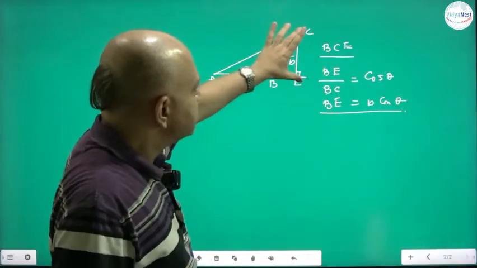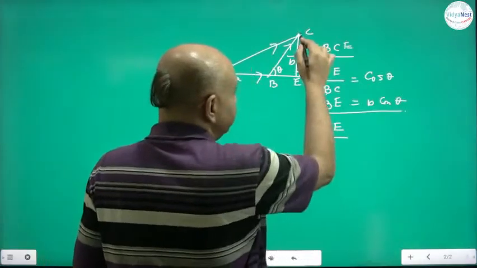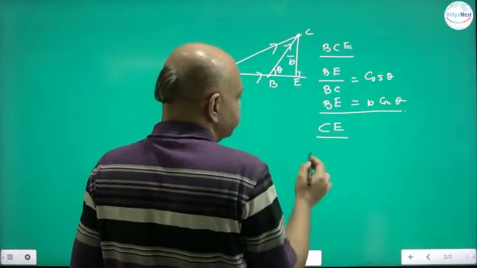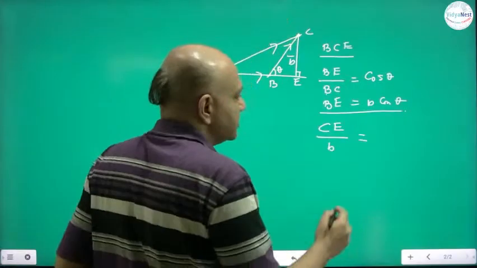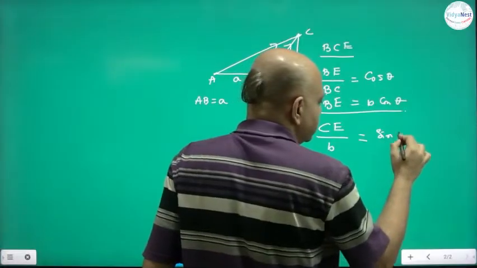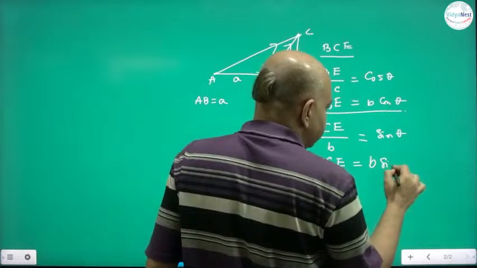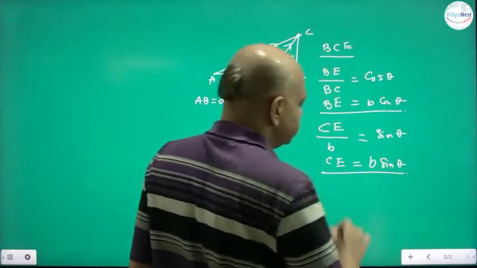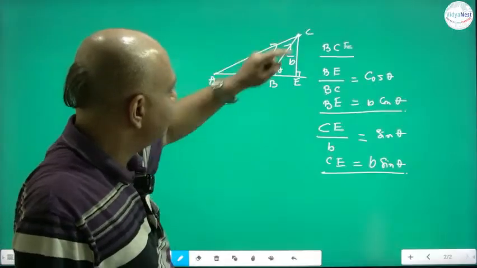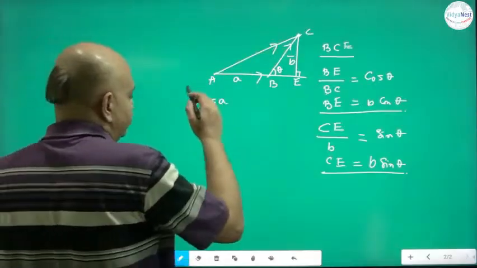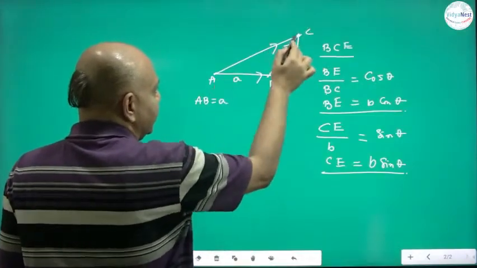Similarly, CE, perpendicular divided by hypotenuse, is sin theta. So CE is equal to B sin theta. Therefore, now I want to find the length or magnitude of AC. So you can see ACE is a right angle triangle.